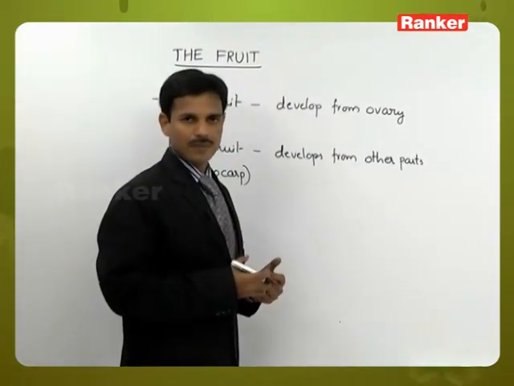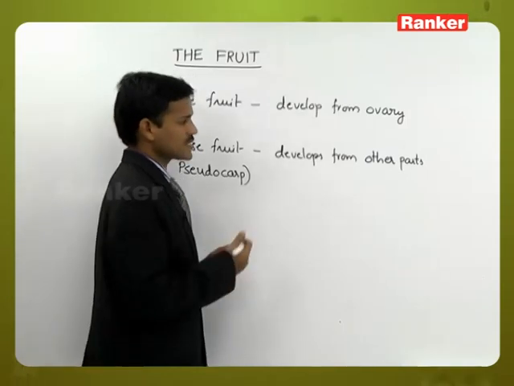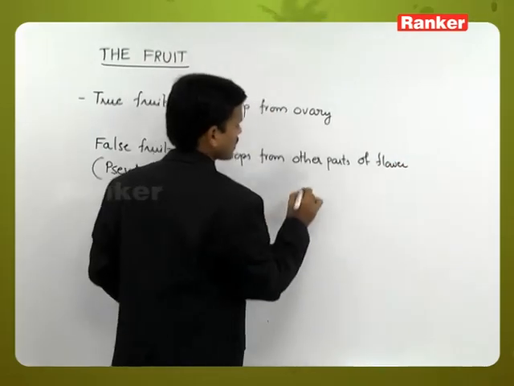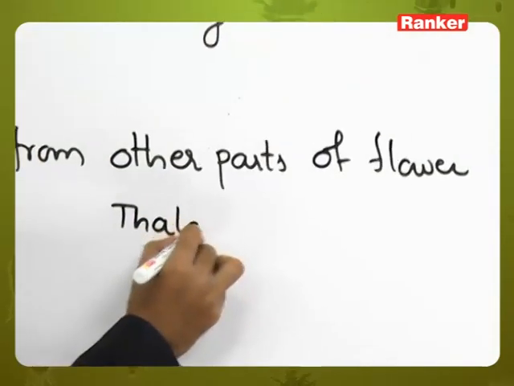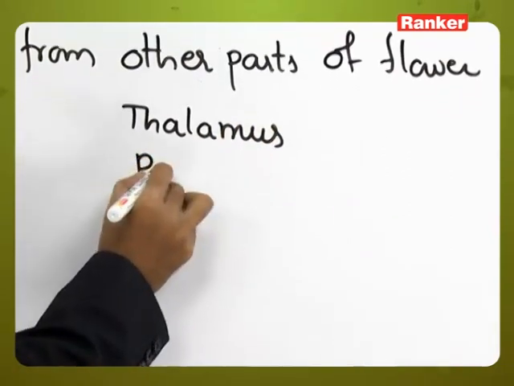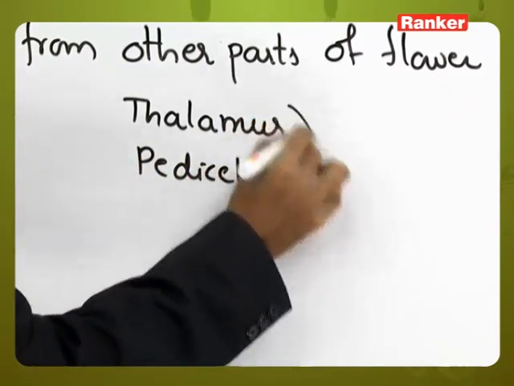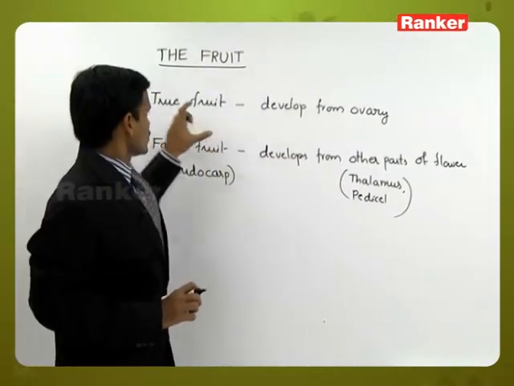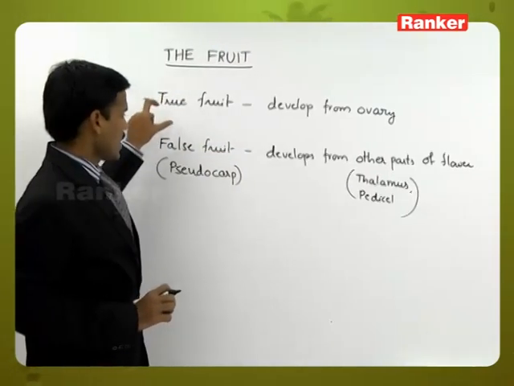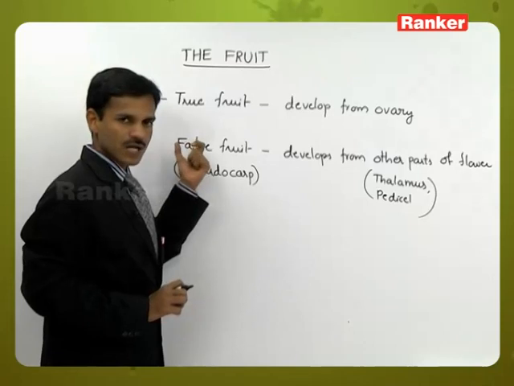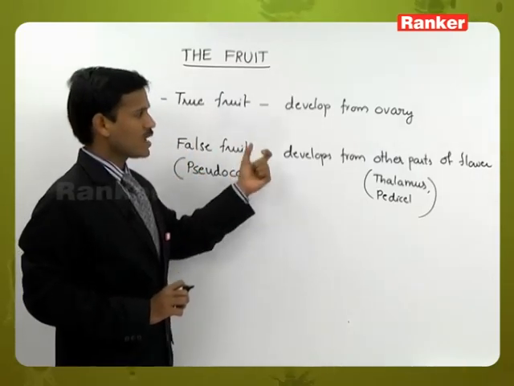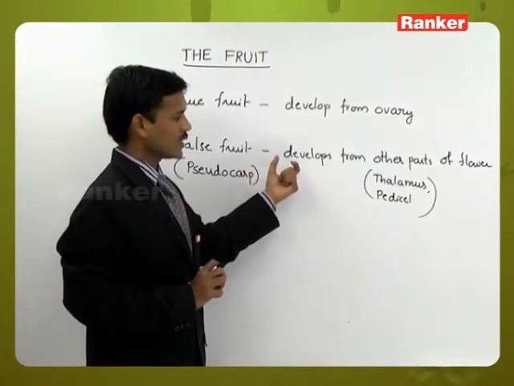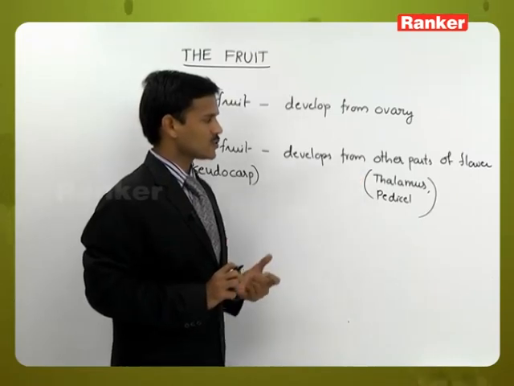Sometimes from thalamus, sometimes from the pedicel. So these parts also sometimes develop into fruits. Most of the fruits are true fruits, and some fruits are false fruits. False fruits are also called as pseudocarp. These develop from other parts of a flower other than ovary. Other than ovary, parts like thalamus, pedicel develop into fruit.